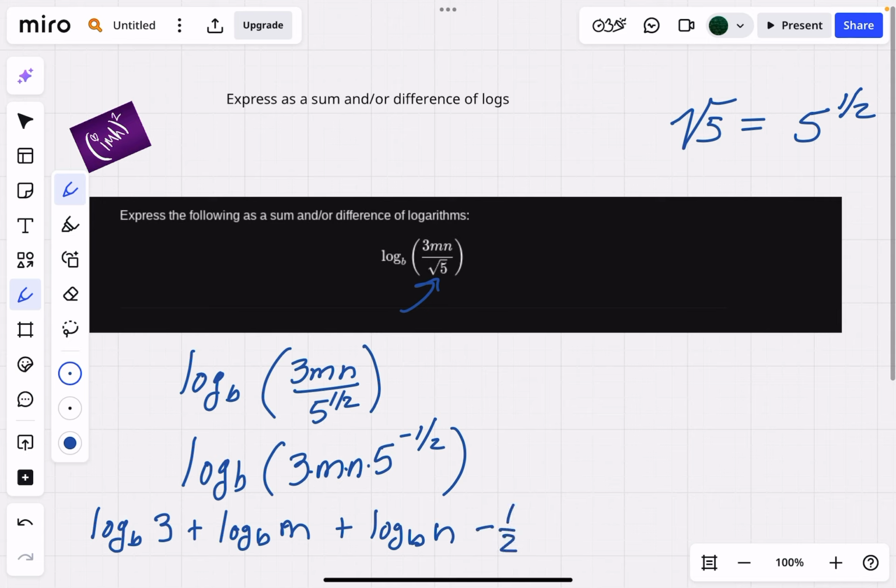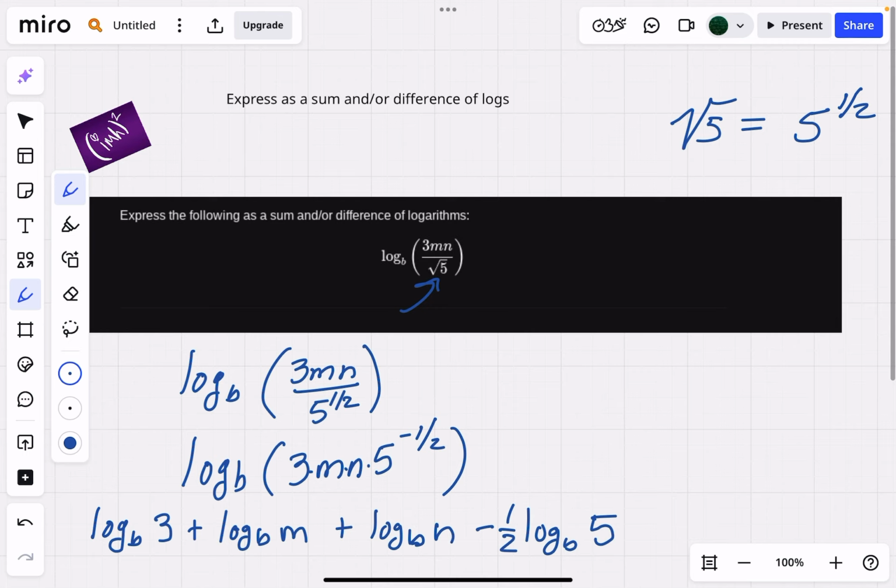Because the exponent, according to our properties, will become the coefficient. So 5, oops, that one is supposed to be log. And then while I'm here, I'll just fix that one. Log base b of 5, and that's it. This is the original single log written as sum and differences of the log.